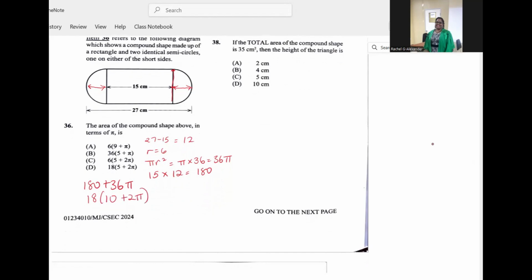As a rule with factorization, if you still end up with an expression in the bracket that still has common factors, it means you didn't fully factorize it, right? So for 10 and 2, there is a common factor of 2. If you pull the 2 out, that will make the outside become 36. And 2 into 10 is 5, and 2 into 2 is 1. Or if we had chosen 36 from the beginning, 36 by 5 would give us the 180, and 36 by pi is 36 pi. So we're looking for 36, open brackets, 5 plus pi. So it'll be that one.